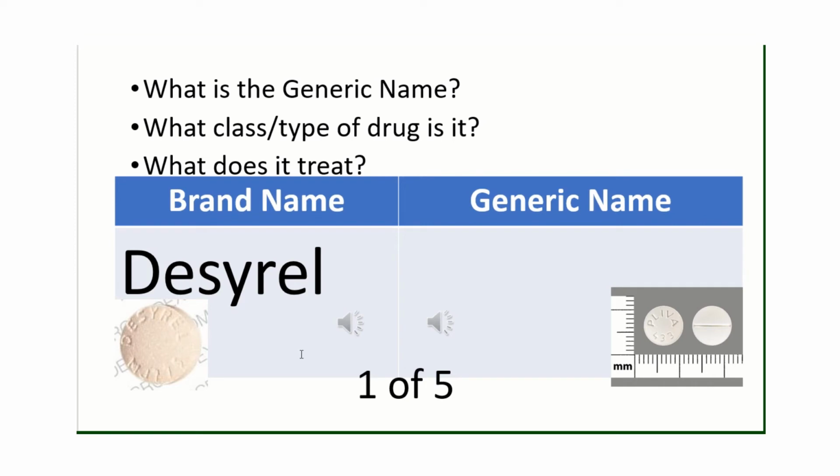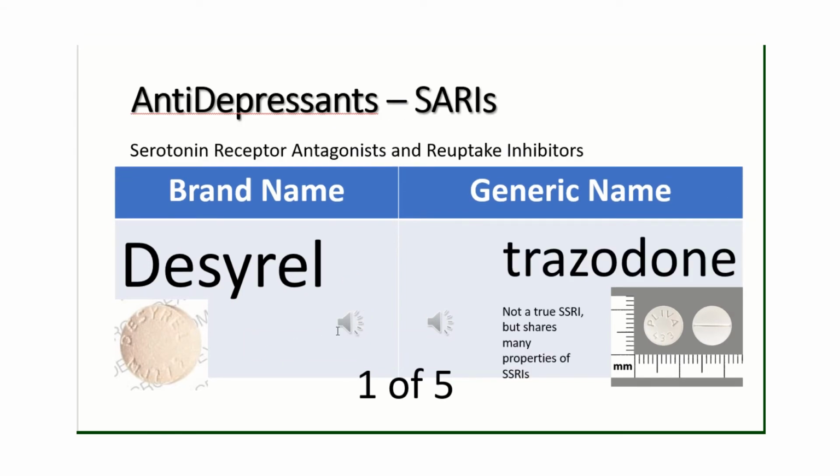What is the generic name for Desyrel? What type of drug is Desyrel? What does Desyrel treat? The generic name for Desyrel is trazodone. Desyrel and trazodone are SARI antidepressants.